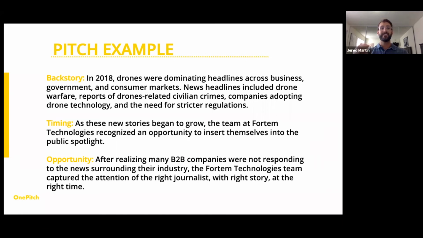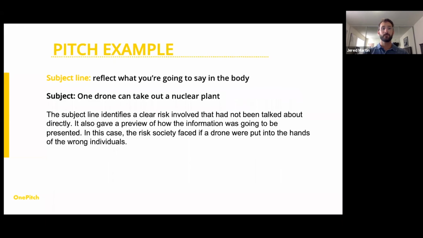But in relation to timing for this story, as those stories began to grow, again, the Fordham team recognized an opportunity for themselves to not just insert their name, but to really insert themselves to show a clear solution to the problem that they were experiencing within that space. And not only that, they were able to catch the attention of the journalist at the right time with the right story that they presented to them. So let's take a look at that.